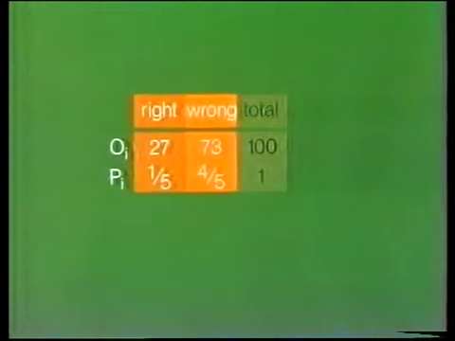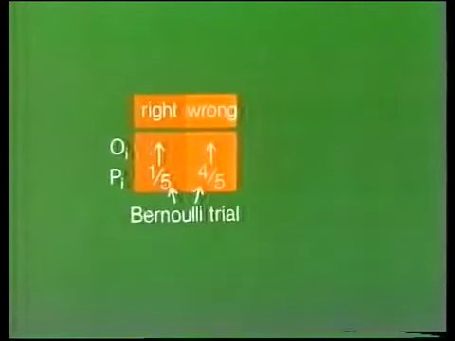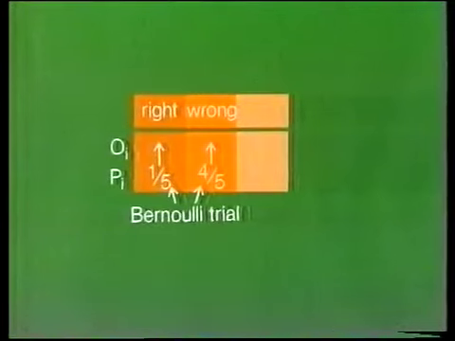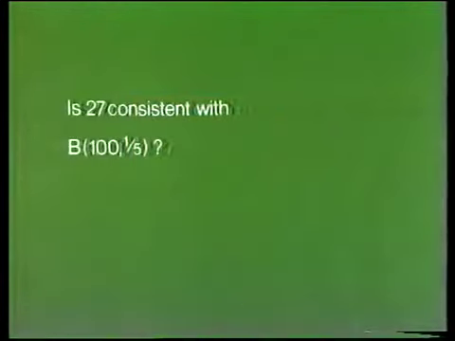We can think of each observation as being the result of a Bernoulli trial with probability 1/5 of success, 4/5 of failure. And all in all, there were 100 Bernoulli trials. So we can now ask, is a value of 27 consistent with the binomial distribution with parameters 100 and a fifth?